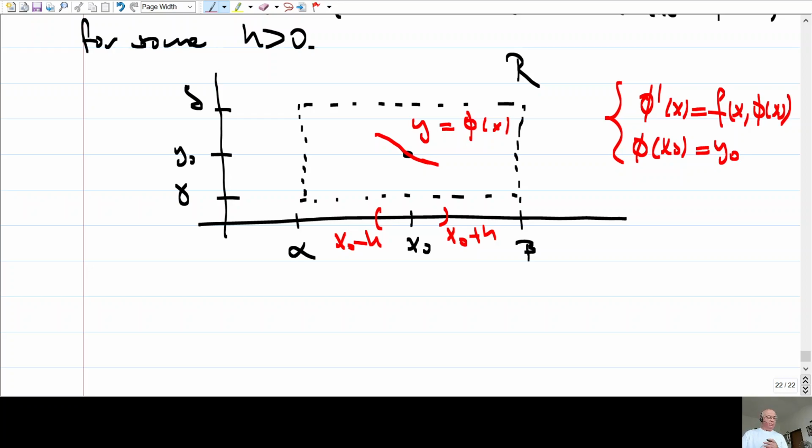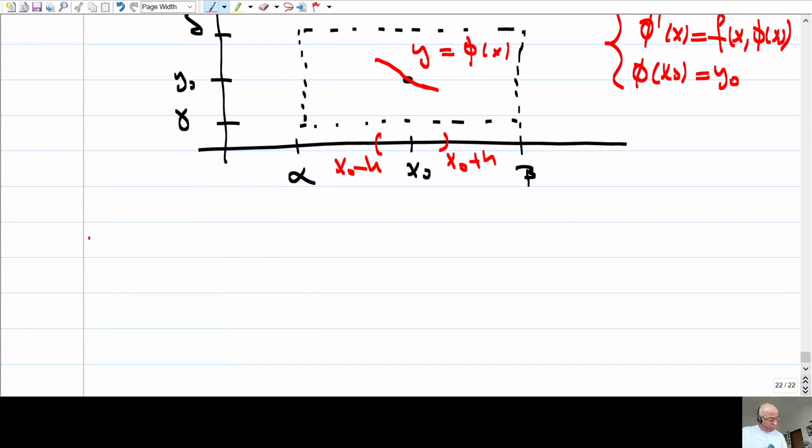The existence part of the linear equation version is easy, and we have done that, because we just wrote down the solution using the integrating factor. But the proof of this theorem is not easy. I can only give you a sketch of the proof, maybe in the remaining 8 minutes.